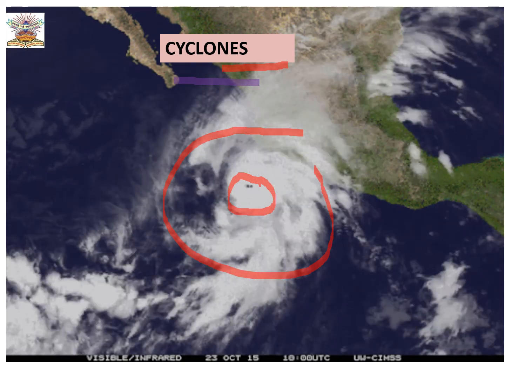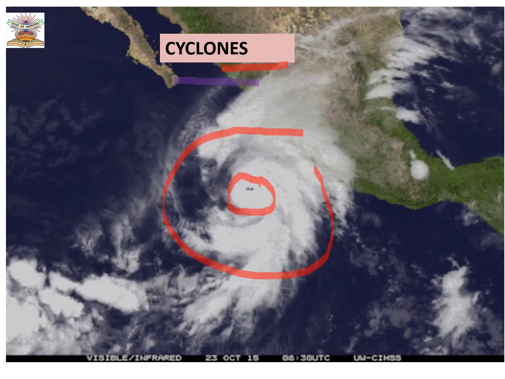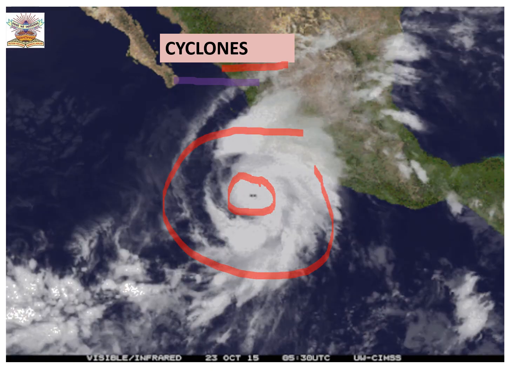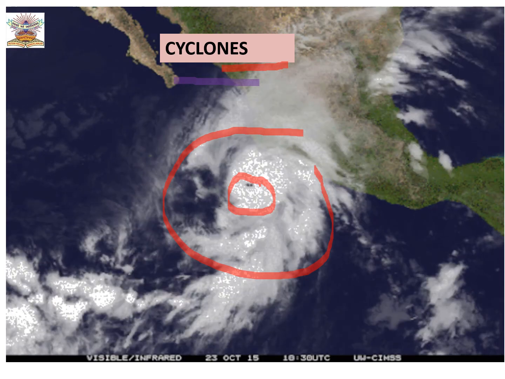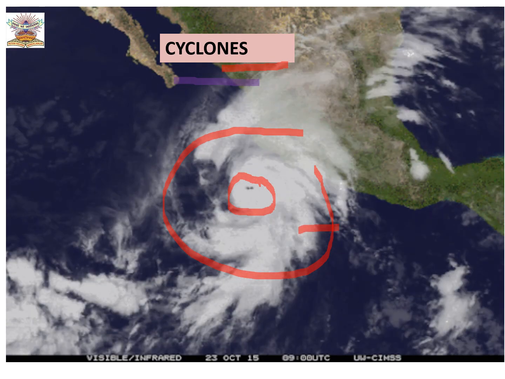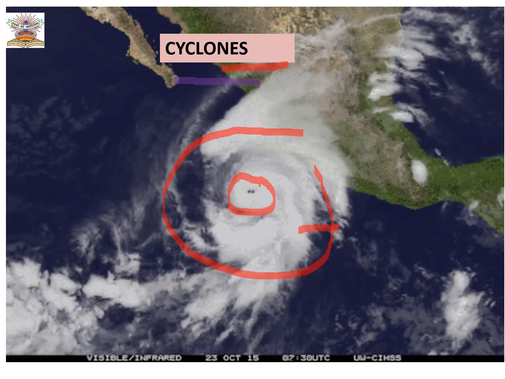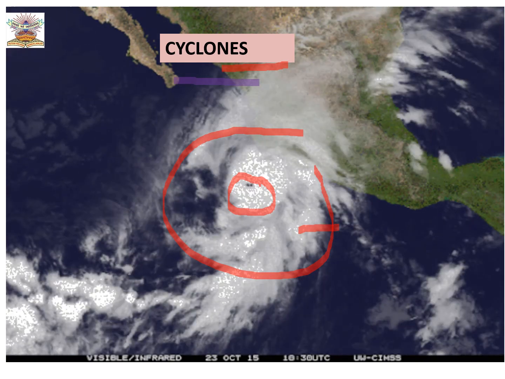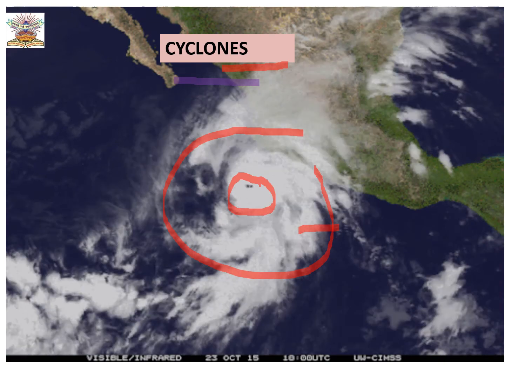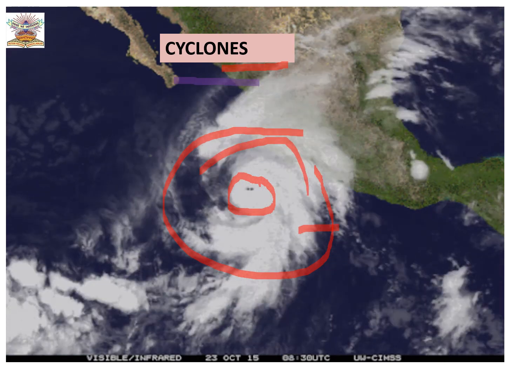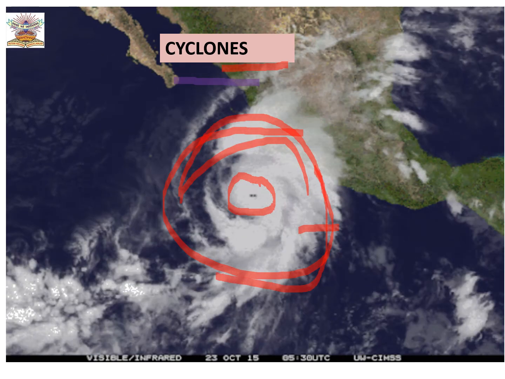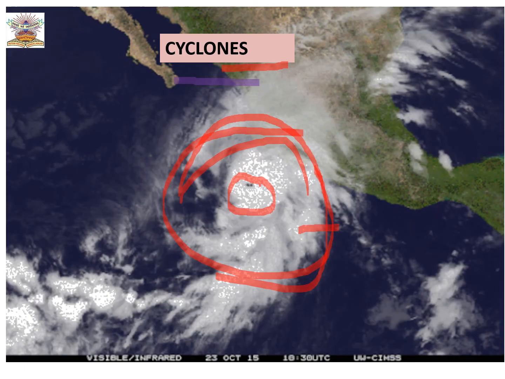What happens is that the wind starts blowing with high velocity from the high pressure area towards the low pressure area. And due to the rotation of the earth, the cyclonic winds move in the anti-clockwise direction in the northern hemisphere and in the clockwise direction in the southern hemisphere.